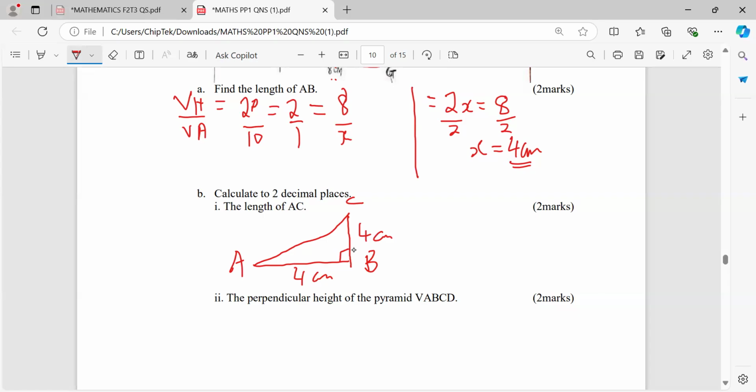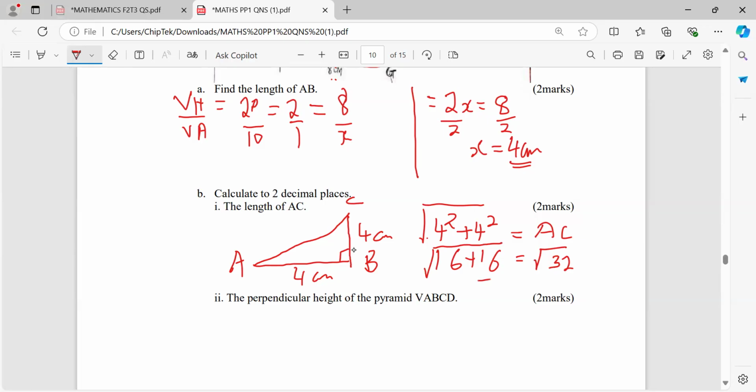Kitu ambacho kimebakia ni kupata hiyo AC. So hii AC tutapata vipi? Tunajua ile Pythagoras theorem. A squared plus B squared equal to C squared. So what you do, that's 4 squared plus 4 squared. Later tutakapata tutapata square root. So 16 plus 16, answer yako itakuwa 32.